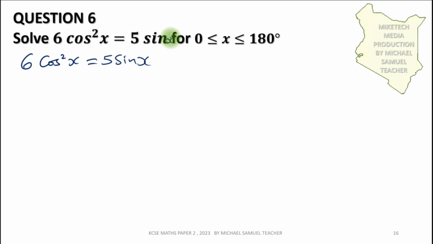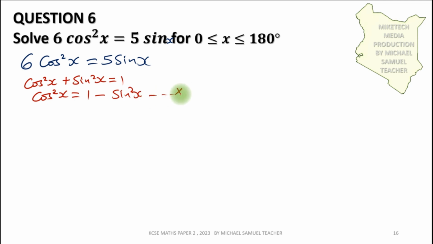Now, from trigonometric identities, cosine x squared plus sine x squared is equal to 1. Therefore, we can rewrite cosine x squared in terms of sine x squared, which will be 1 minus sine x squared.